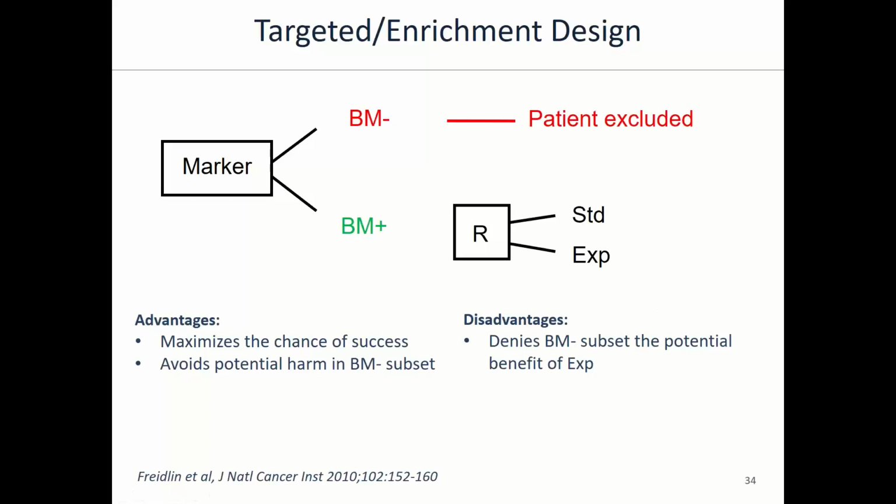Of course, this is a much more efficient design. It avoids potential harm in the biomarker-negative subset, but it does deny this subset a potential benefit of the experimental treatment. So this design is mostly used when there is a very clear relationship between the biomarker and the mechanism of action of the drug.